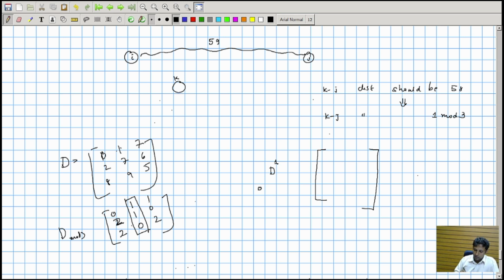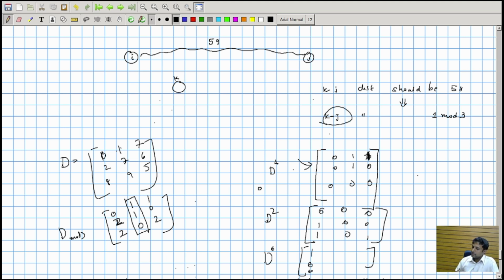All the ones are kept as they are and everything else is replaced by zeros. If you look at D2, that is the matrix that you get by replacing the 2 with 1 and everything else zeros. And if you look at D0, the zeros are replaced by 1, everything else is replaced by 0. Okay. So kj should be 1 mod 3.